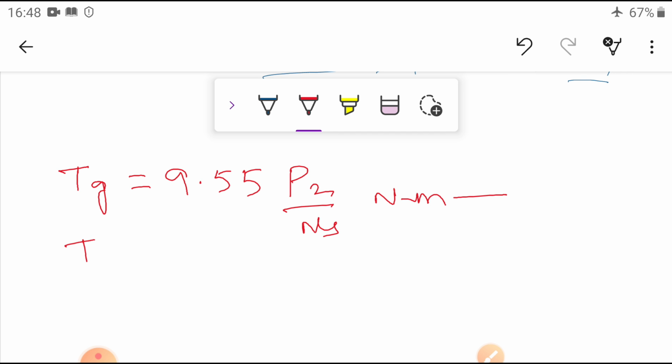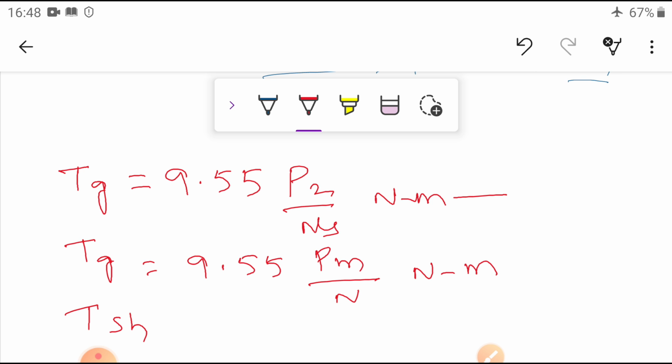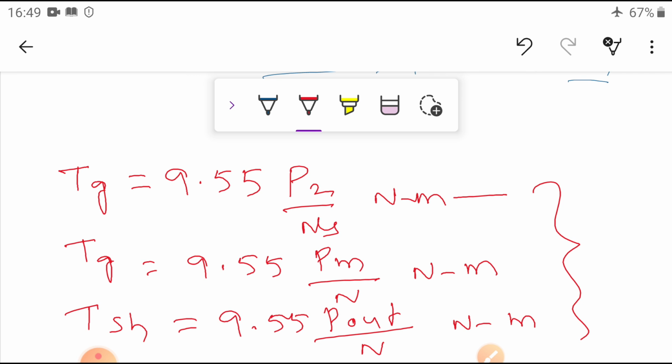Or if I want the PM, TG gross torque is 9.55 PM by N, N only. That is the difference, Newton meters. I want the T shaft in terms of output, you can write 9.55 P out by N only, Newton meters. These are the three relations you should remember for calculation of some problems.